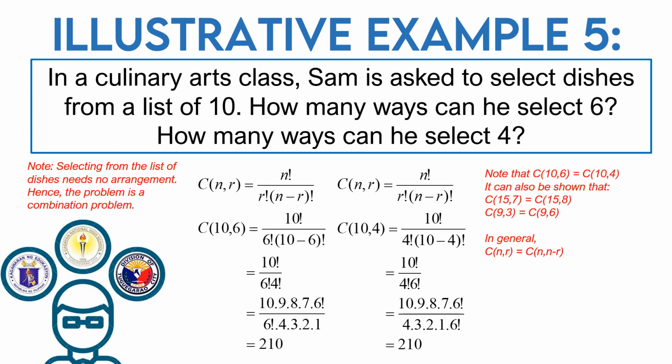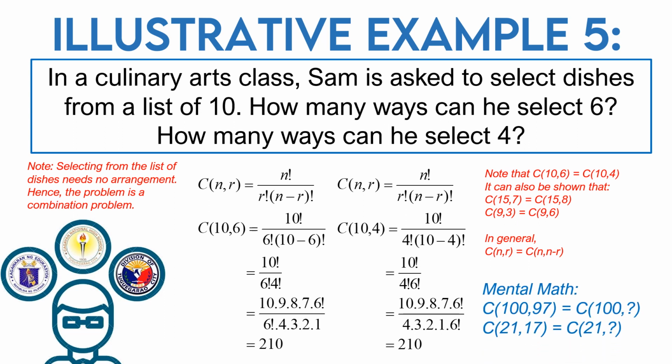In general, therefore, class, the combination of n objects taken r at a time is equal to the combination of n objects taken n minus r at a time. Okay, so please take note of that. I repeat, combination of n objects taken r at a time must be equal to the combination of n objects taken n minus r at a time.